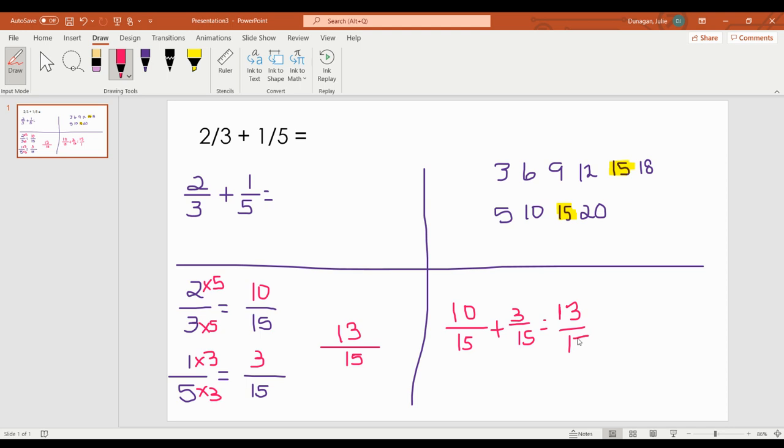It is a regular fraction, so I don't have to change it into a mixed number. I just have to remember to make sure I write my answer in the proper place, or put a label on it if it were a word problem, etc.